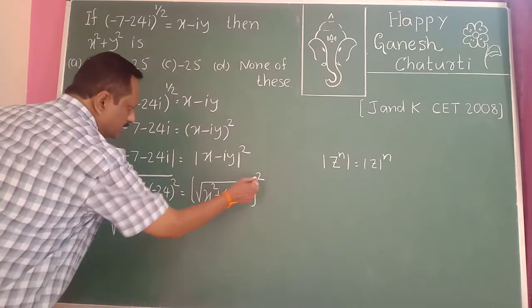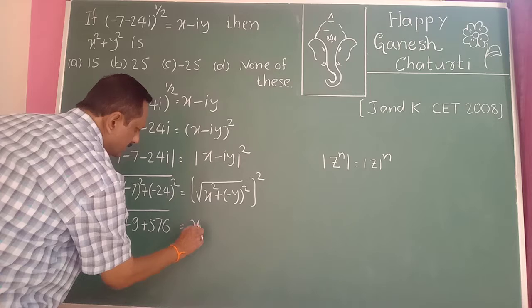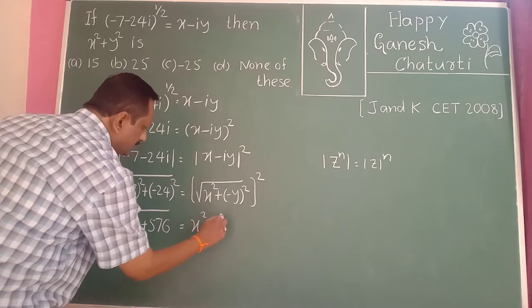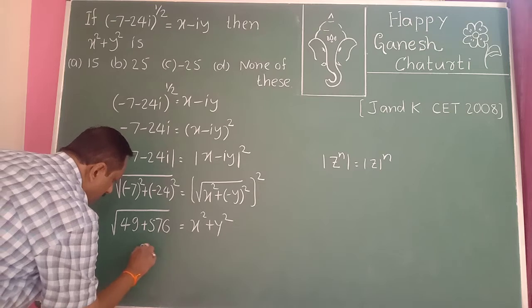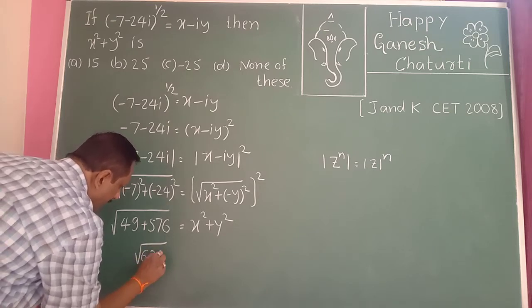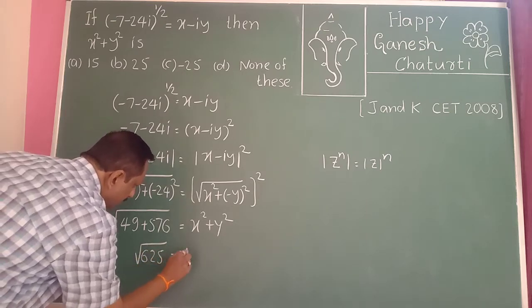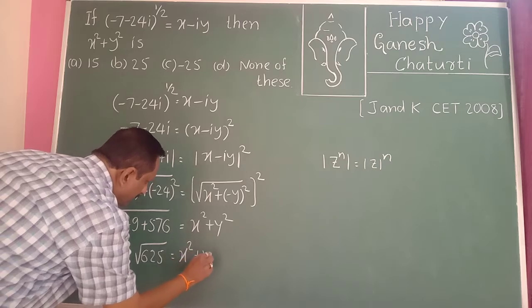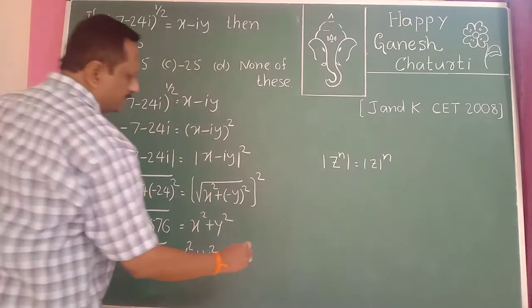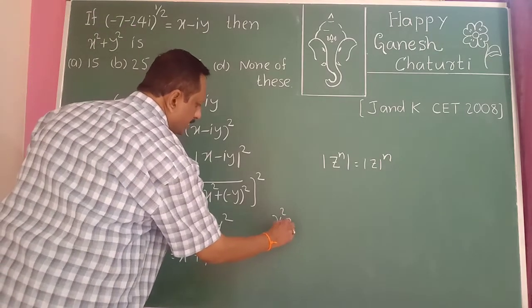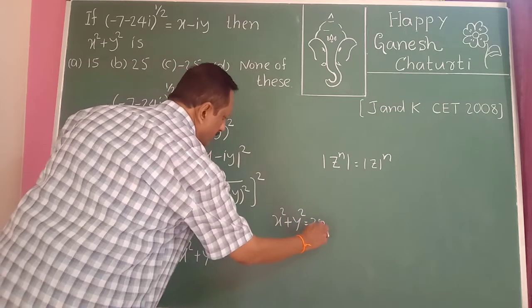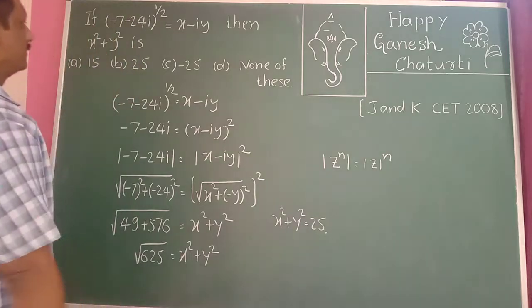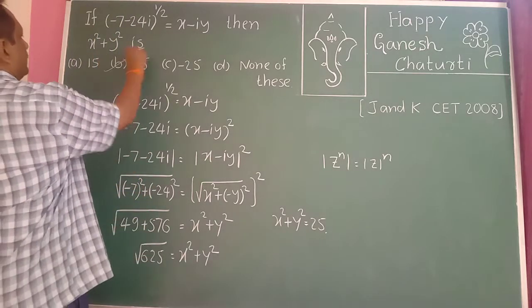Square root and square cancel, giving x square plus y square. 576 plus 49 gives root of 625 is equal to x square plus y square. Hence x square plus y square is equal to square root of 625, which is 25. So B is the correct option.